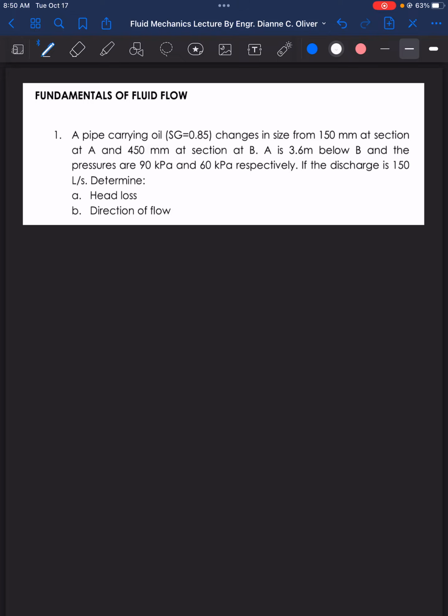So the pipe A is located 3.6 meters below B. We will start with the smaller pipe here at the lower portion, with the smaller diameter of 150 mm, and it grows in size to the bigger diameter.